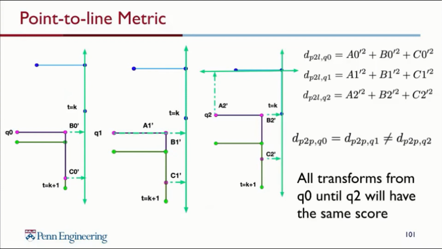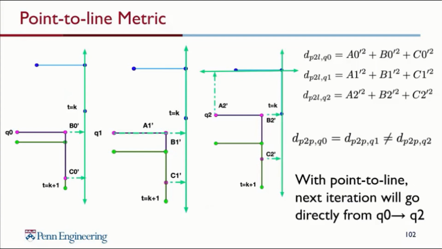And so, in fact, all the transforms from Q0 until Q2, which is at the threshold, will have the same score. This is important from the perspective of the iterative algorithm in that by using the point-to-line metric, since all the transforms starting from Q0 to Q2 will be the same, if an algorithm starts the search from the transform Q0, it will go directly to Q2 at the next iteration.